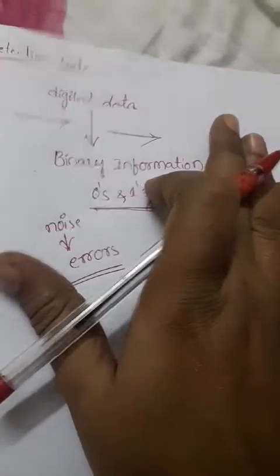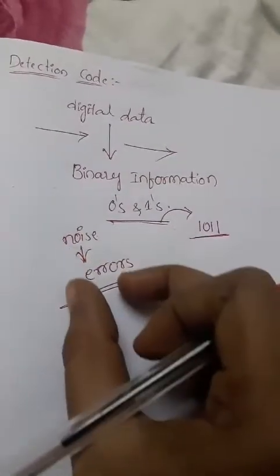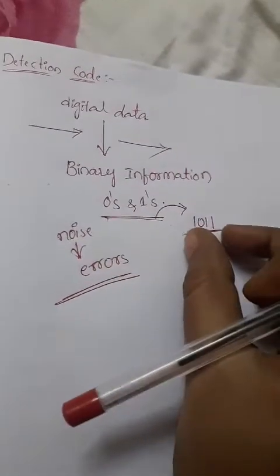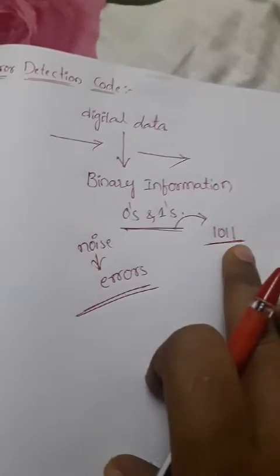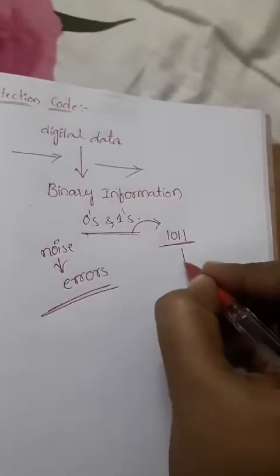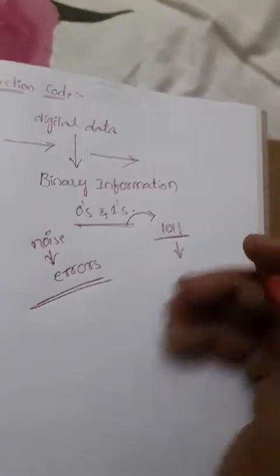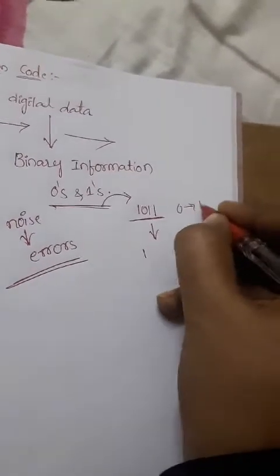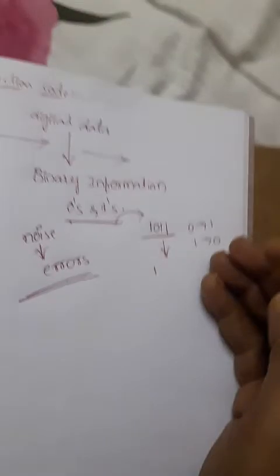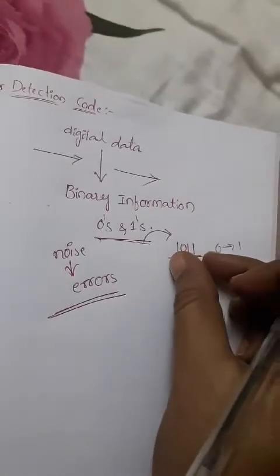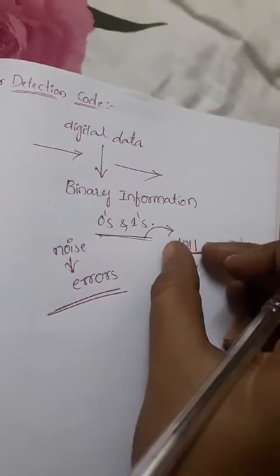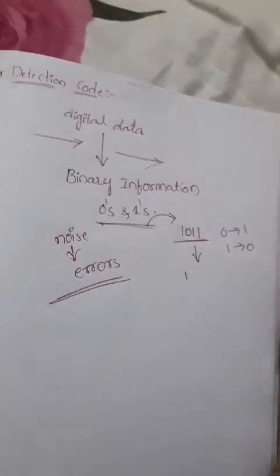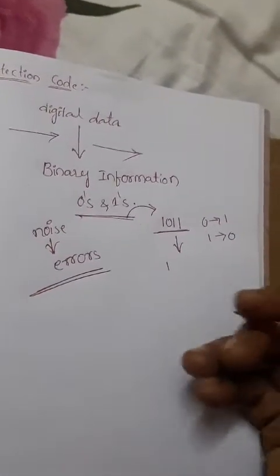If any errors or noise are added, the data may change. That means zeros can change to 1, or 1 can change to 0.